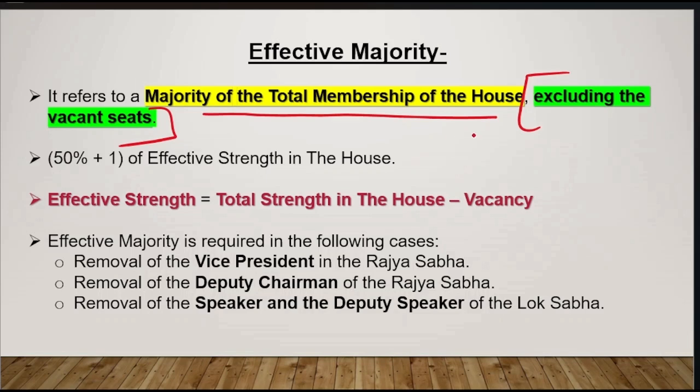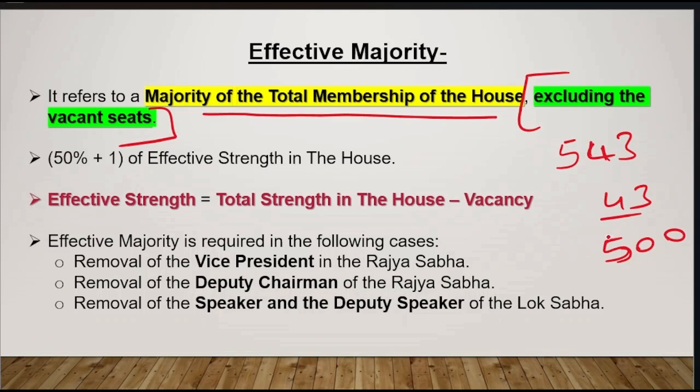Now, as we all know, we have a total of 543 members in the Lok Sabha. Now, let's suppose there are 43 vacancies due to any reason. So suppose 43 seats are vacant. So now how many seats do we have in the Lok Sabha? Now we have 500 seats.